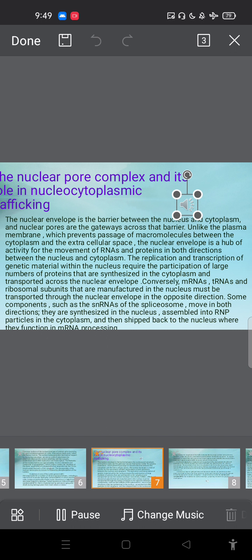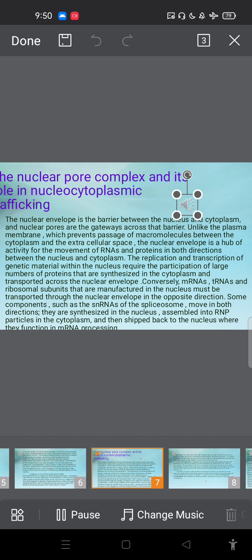The replication and transcription of genetic material within the nucleus require the participation of large numbers of proteins that are synthesized in the cytoplasm and transported across the nuclear envelope. Conversely, mRNAs, tRNAs, and ribosomal subunits that are manufactured in the nucleus must be transported through the nuclear envelope in the opposite direction.